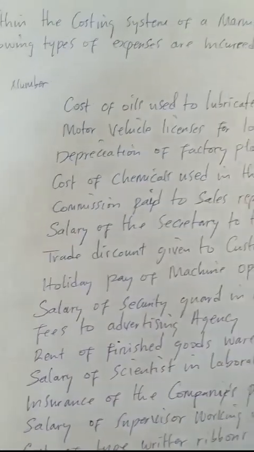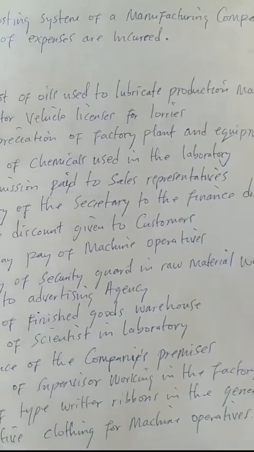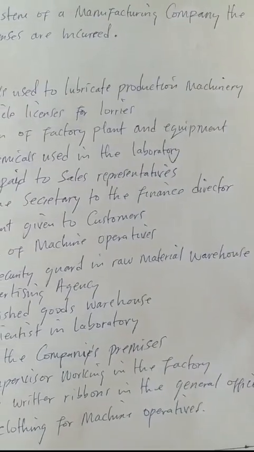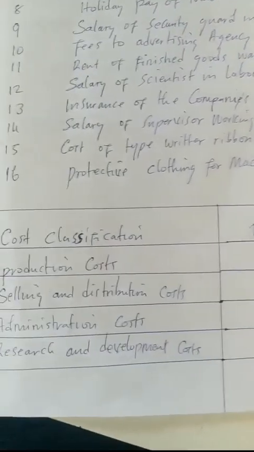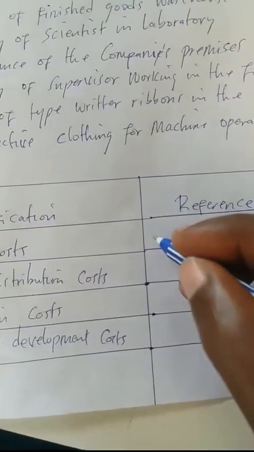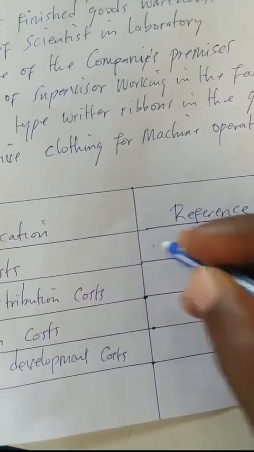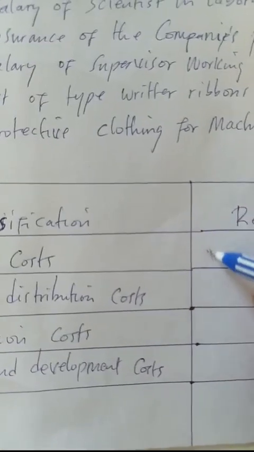Okay, so our number 1 is saying cost of oils used to lubricate production machinery. So that one you can tell that it's a production cost. So what you do, you put a 1 here, just write a 1.